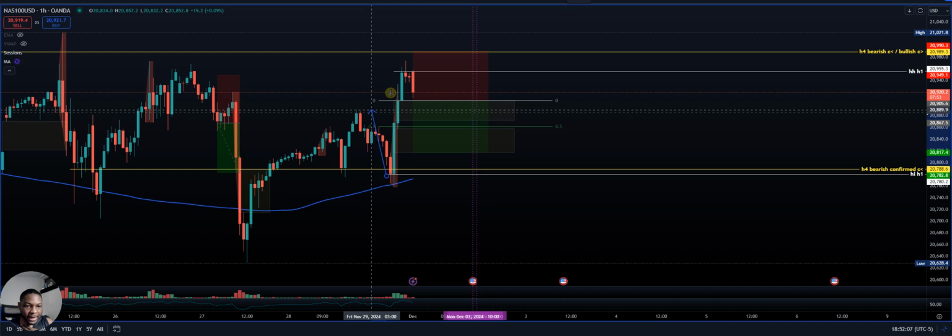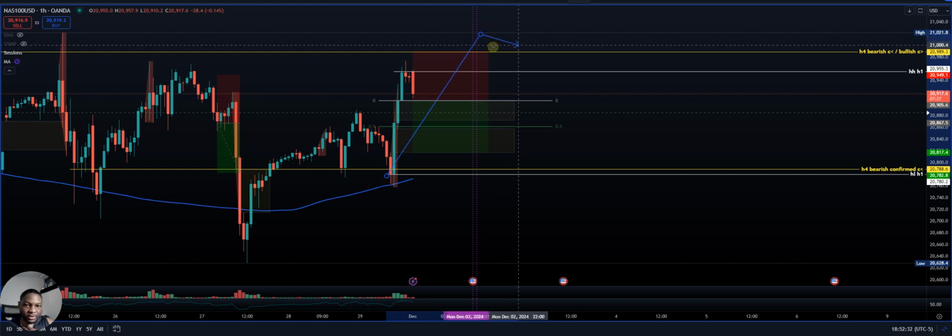So we broke this lower high, we made a new higher high here, and currently we're looking for a retracement to come below this level around the 20,886 level. So once it comes here, and if the candle doesn't close below, we're going to be looking to take a buy above this level and ride it back all the way to higher highs somewhere above this area.